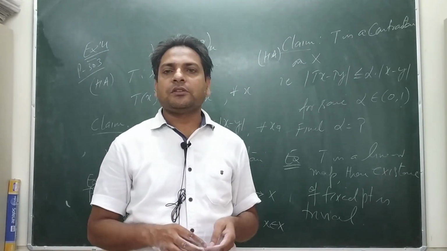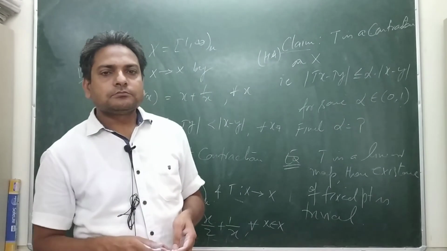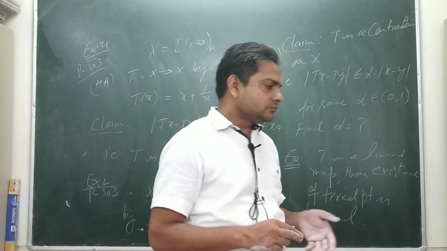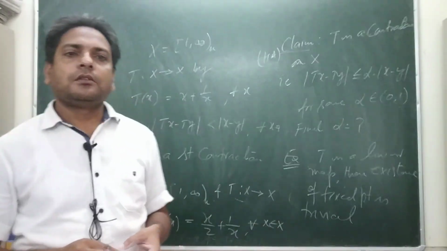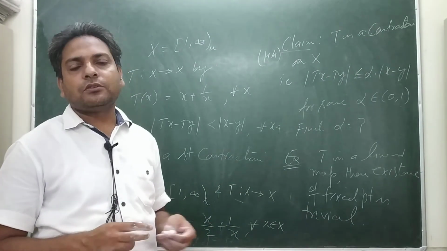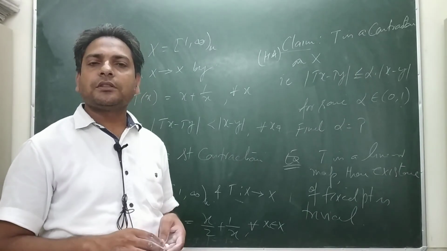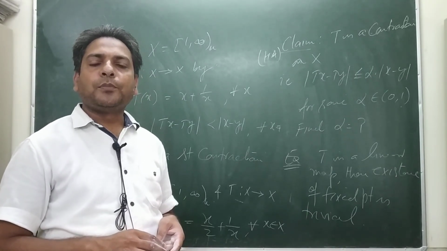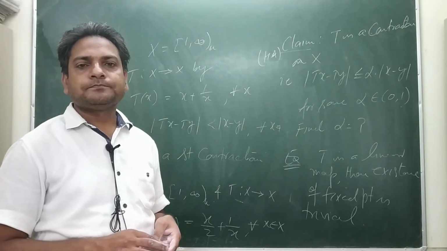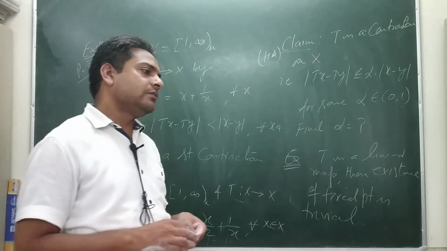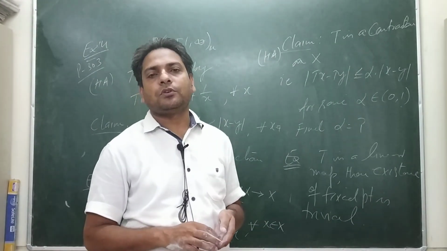Similarly, we can consider Tx equals x cubed. This is again a polynomial of degree 3, so it has 3 roots. That's why it has 3 fixed points. Similarly, we can consider a polynomial of degree n, which has at most n roots. So we can have the idea of at most n fixed points of the given map.